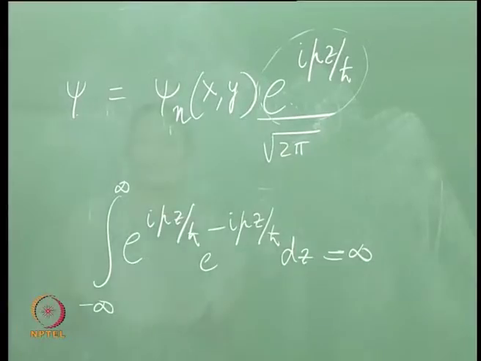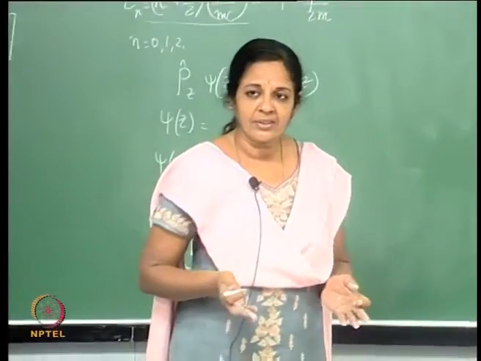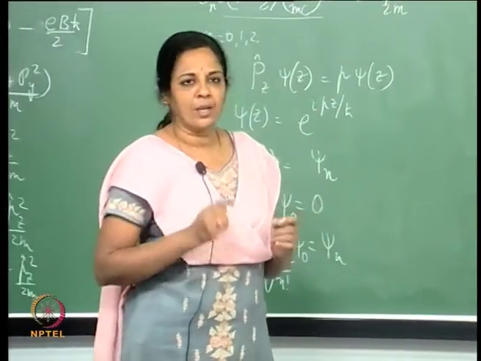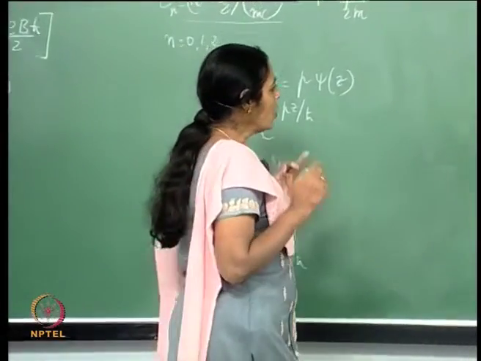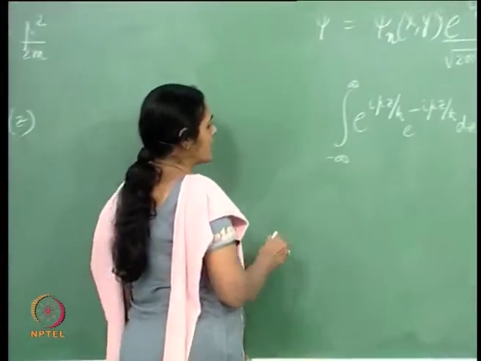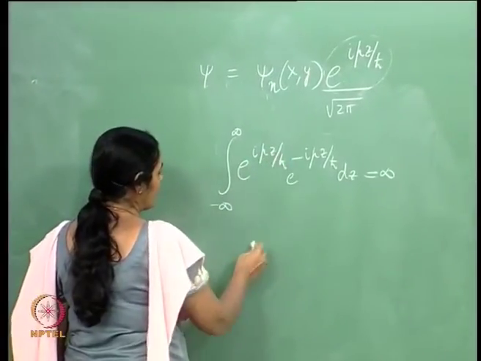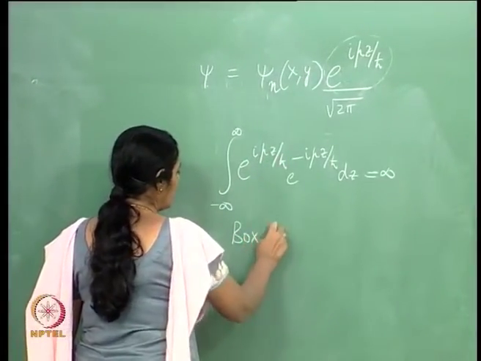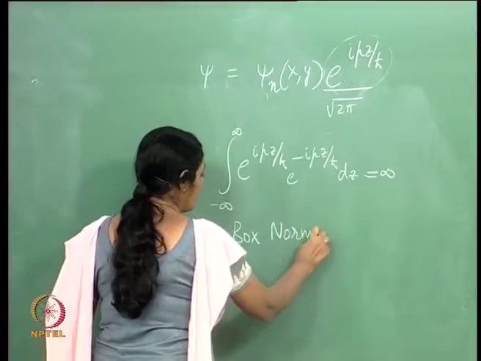But plane wave solutions are extremely common in quantum mechanics. The free particle is the simplest example we can think of. So normally, in order to normalize a plane wave solution of this form, e to the i p z by ħ, you take recourse to box normalization.